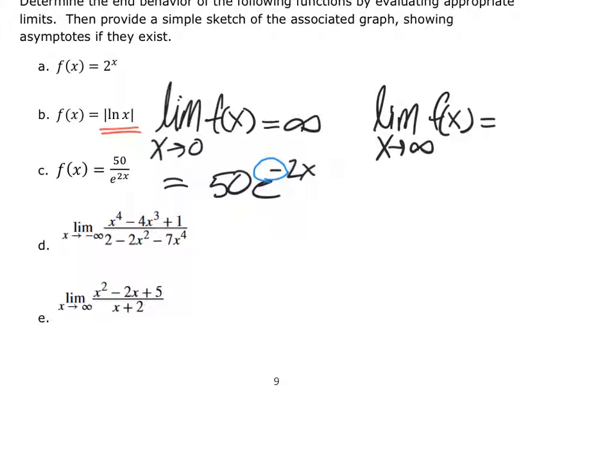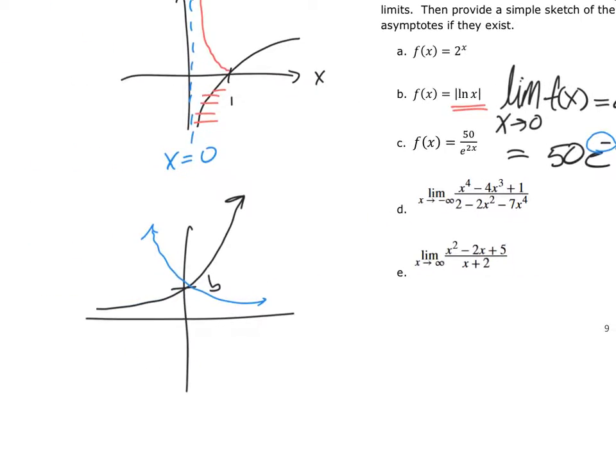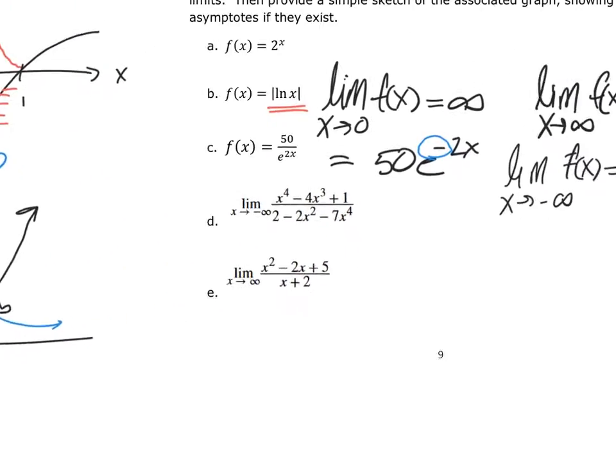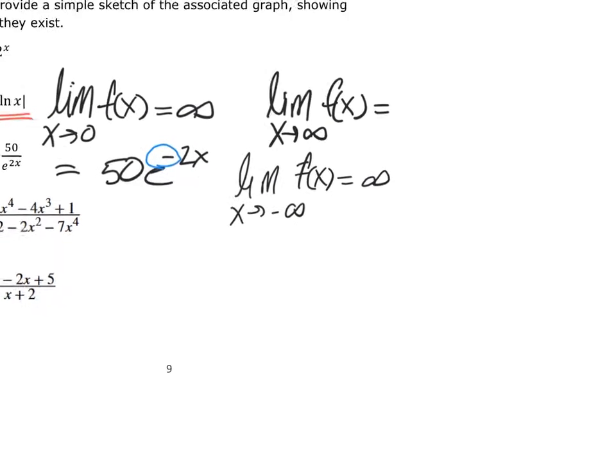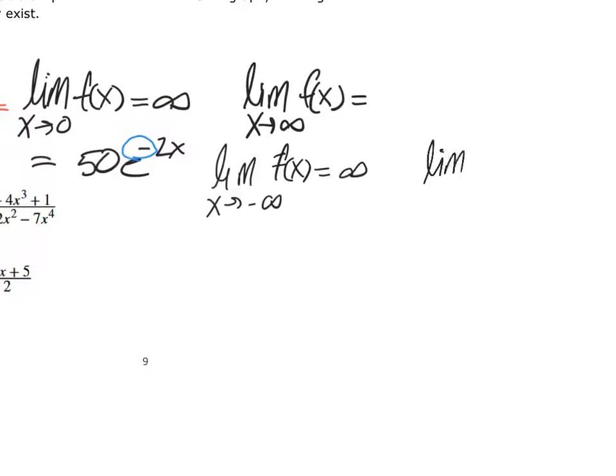So when you do the limit as x goes to negative infinity of my function, based on my graph, where does that go? It goes to positive infinity. And then the limit as x goes to positive infinity, it goes to 0. How is that? Is that okay?